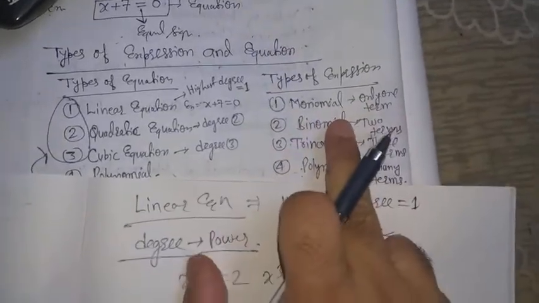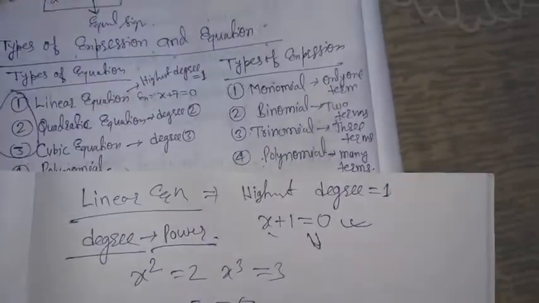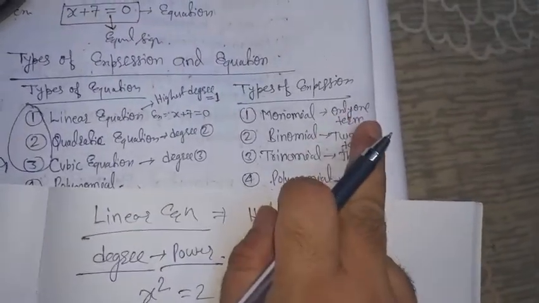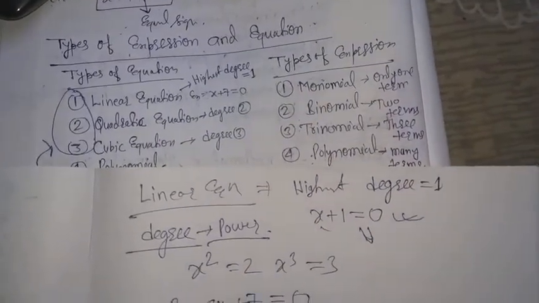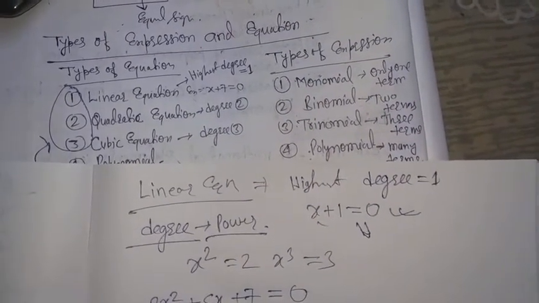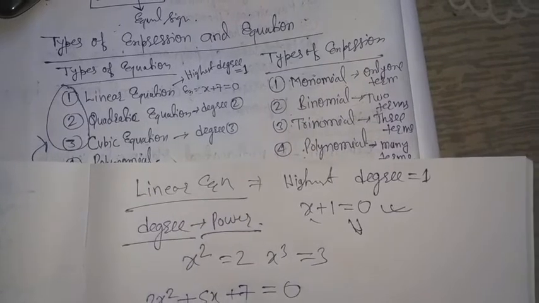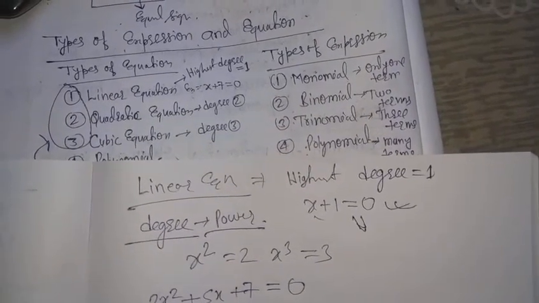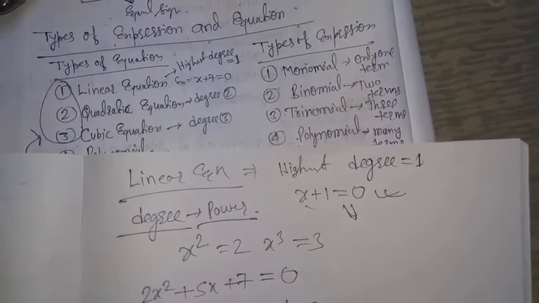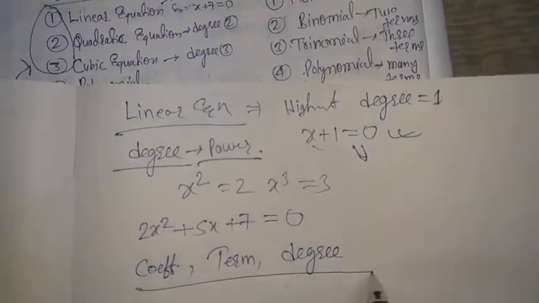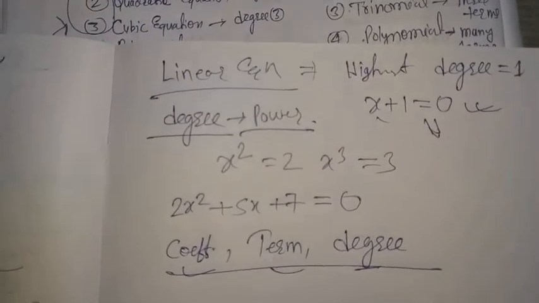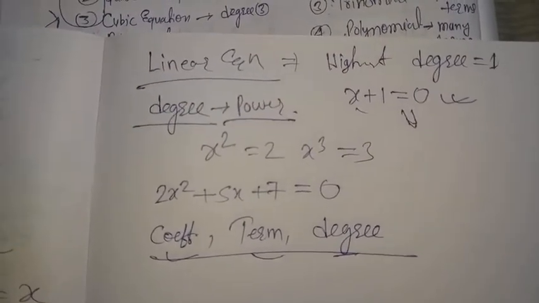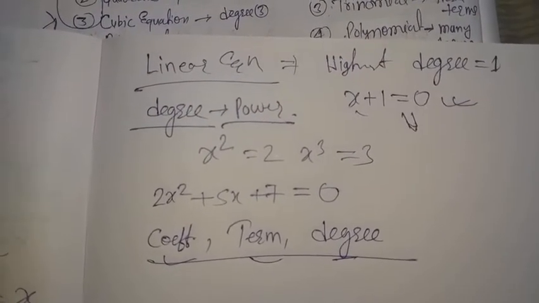Then monomial, which is a type of expression, with only one term. First you have to understand these 3 terms: coefficient, term and degree. Coefficients are the multipliers of a variable.